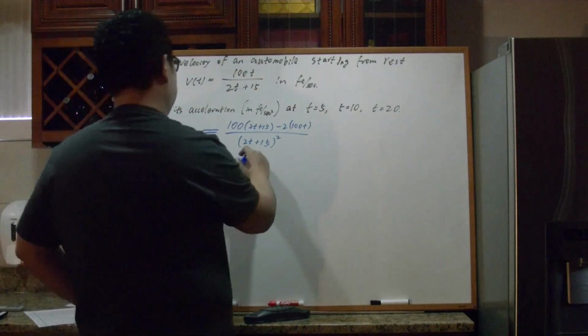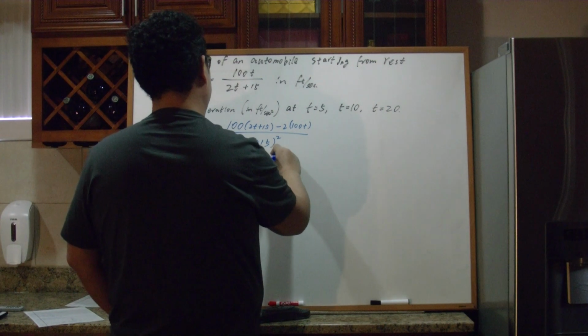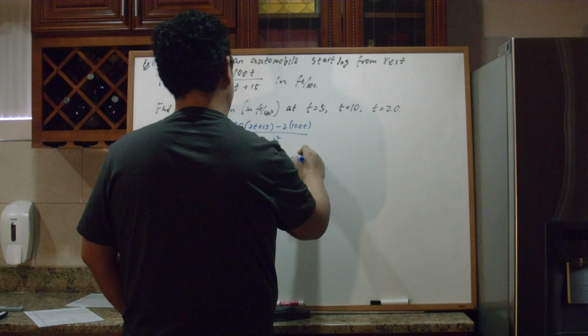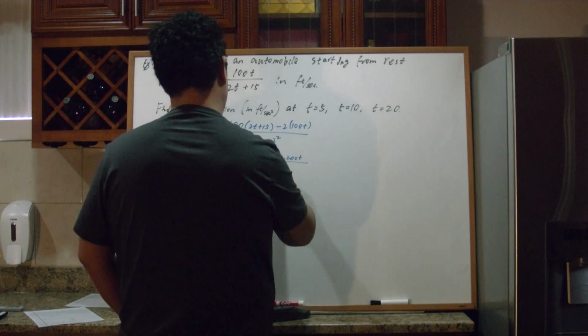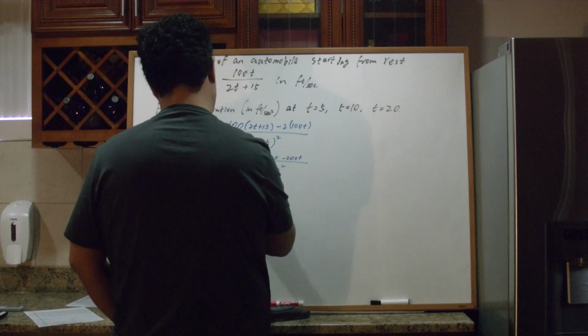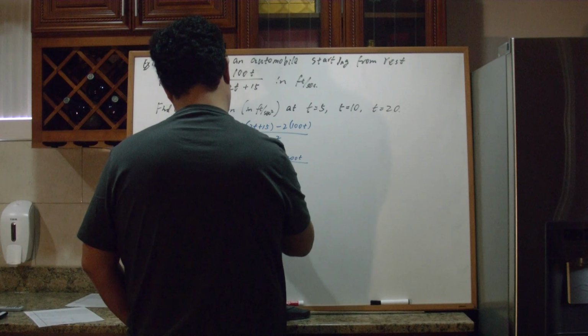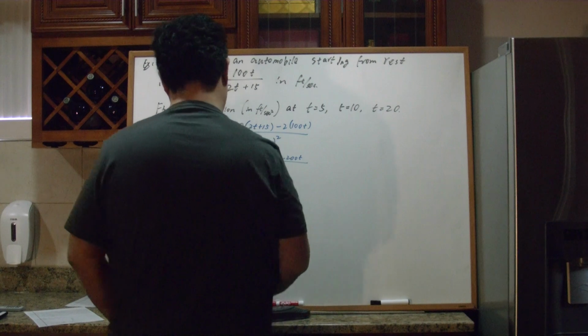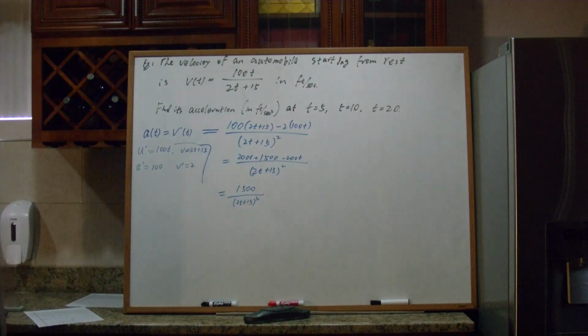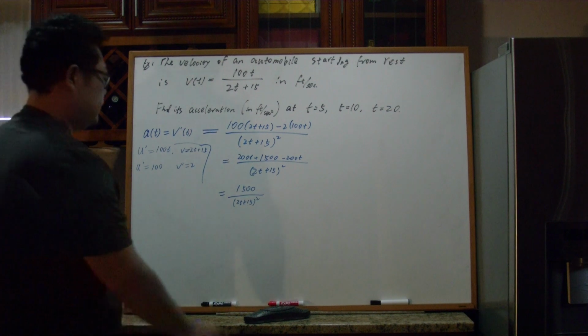We get 200t plus 1500 minus 200t over (2t plus 15) squared. That gives the acceleration to be 1500 over (2t plus 15) squared.